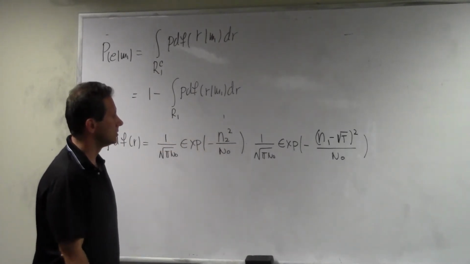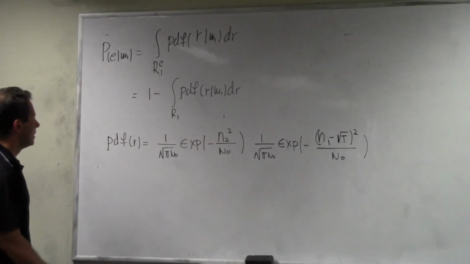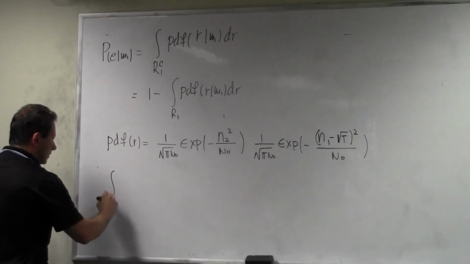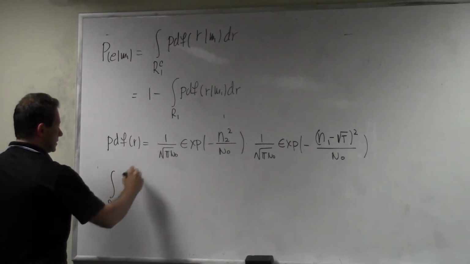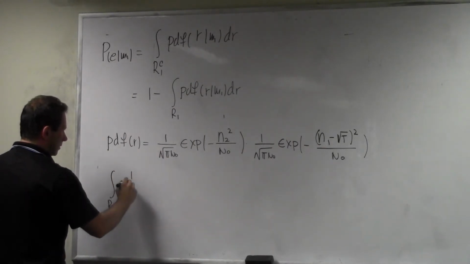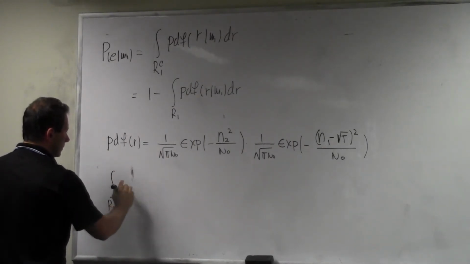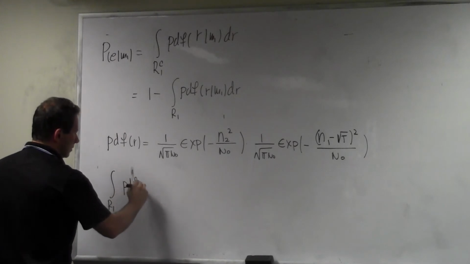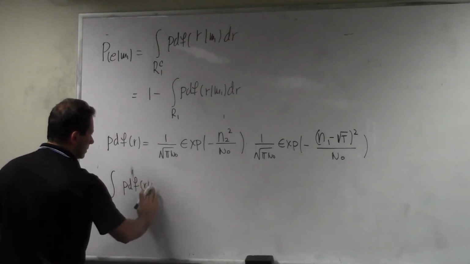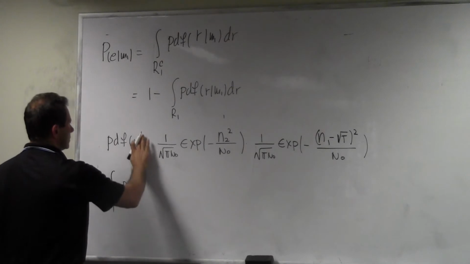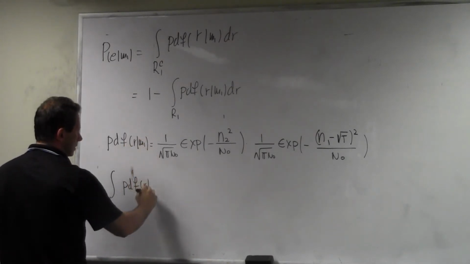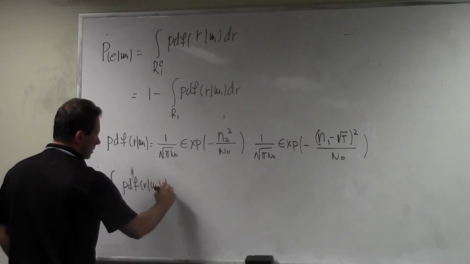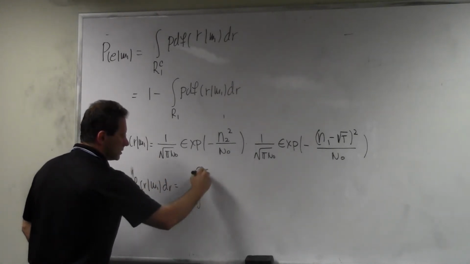also N0 over 2. Now, the integral over R1 of the PDF of R given m1 becomes a double integral.